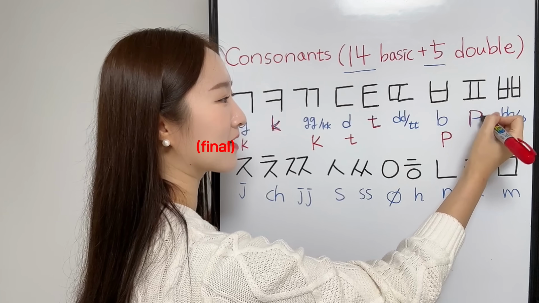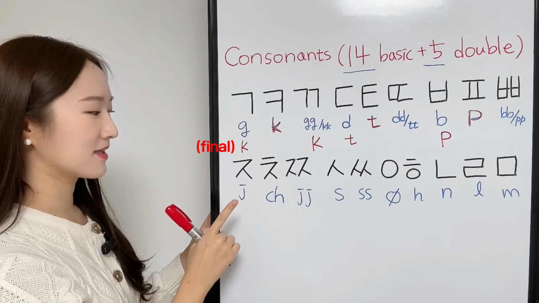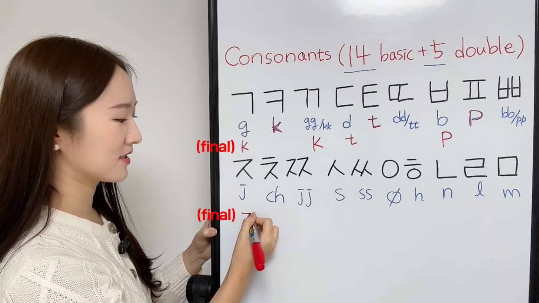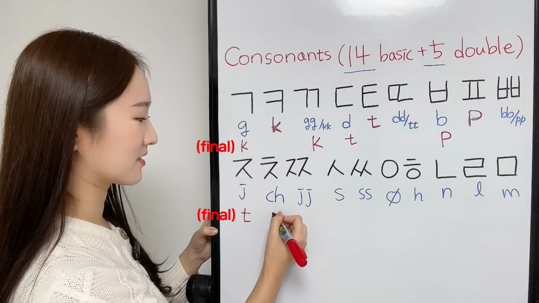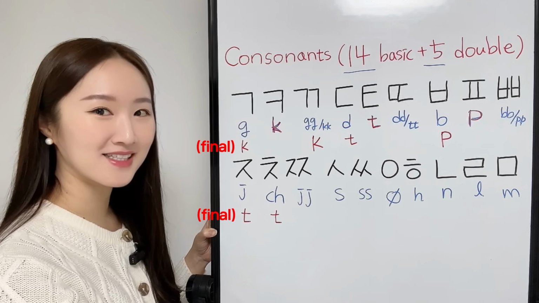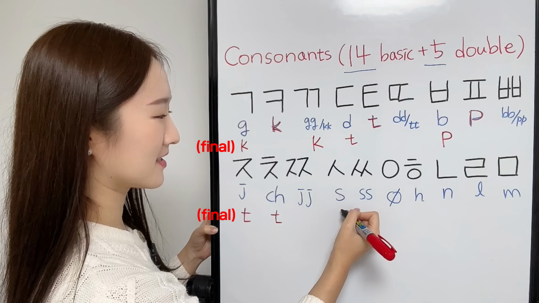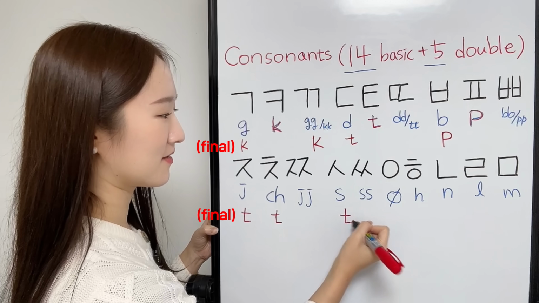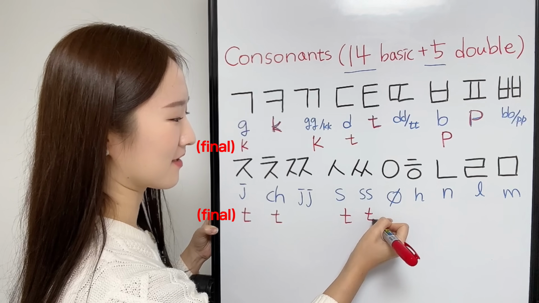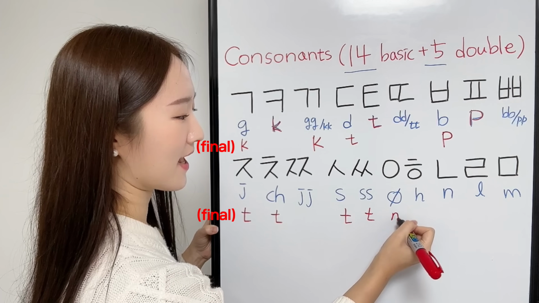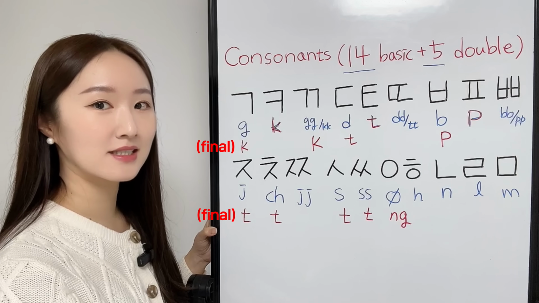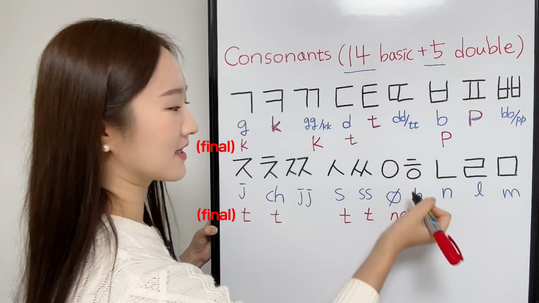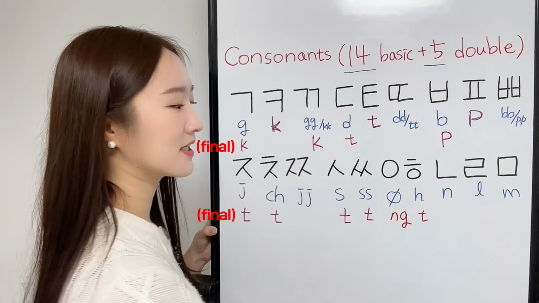And this P sound, same. And this one also changes to T sound. This one also T sound. And this one also T sound and T sound. This one is NG sound. And this one is T sound.